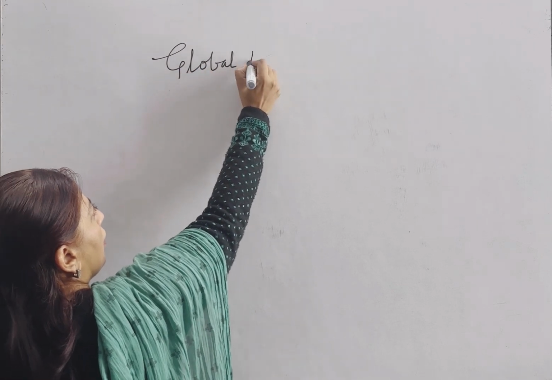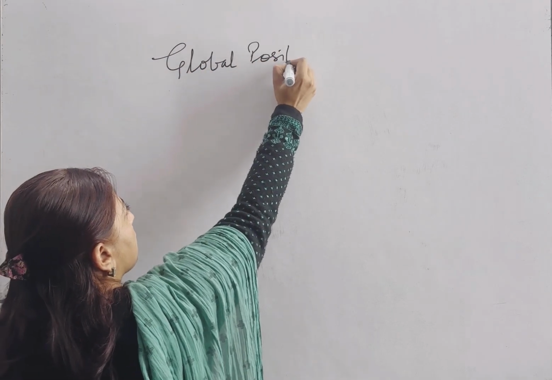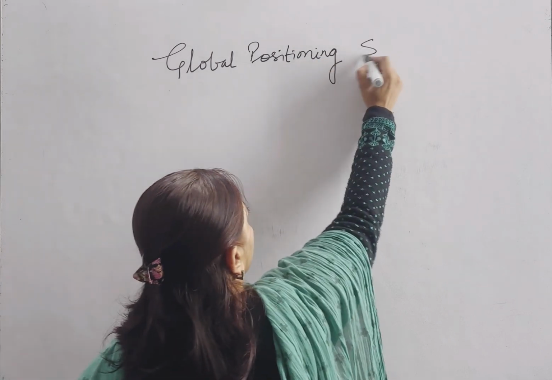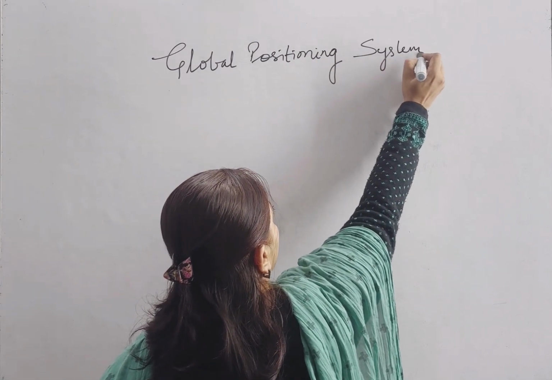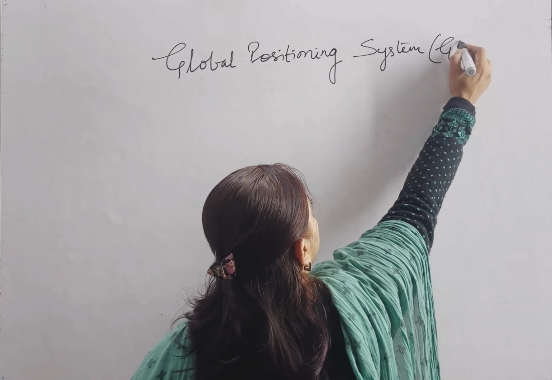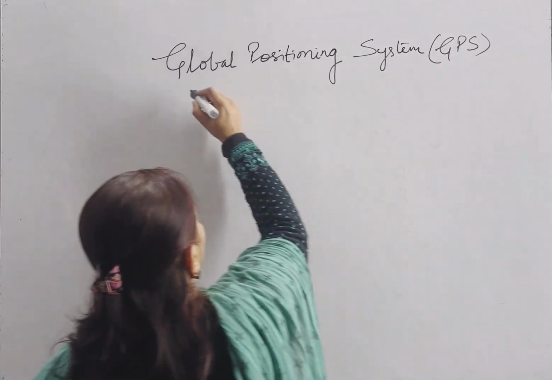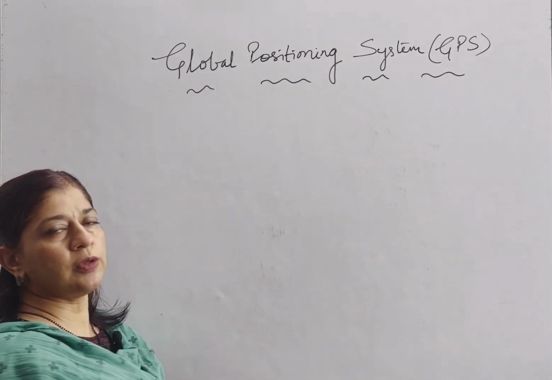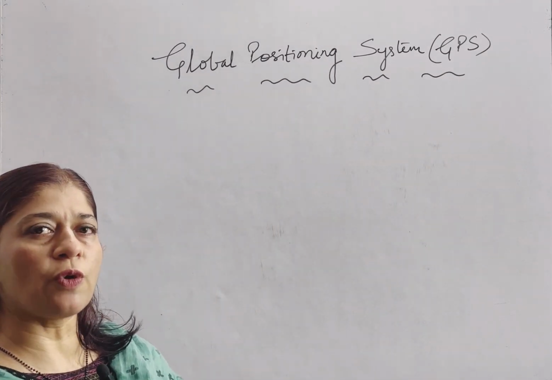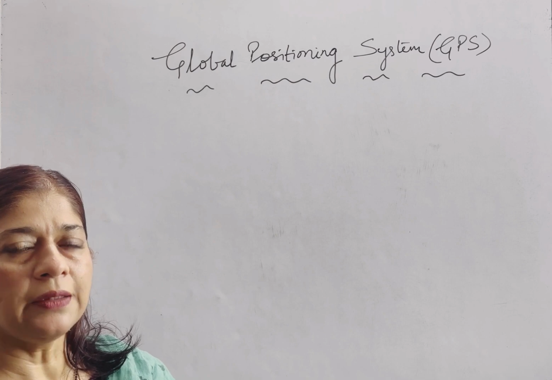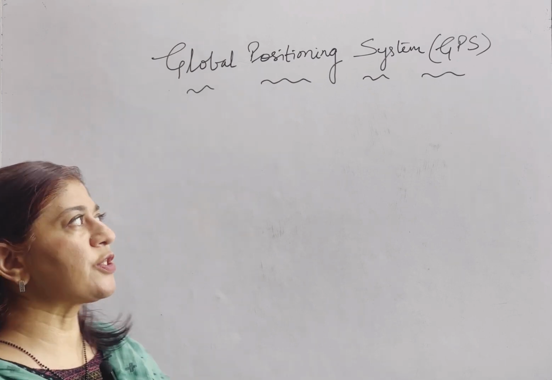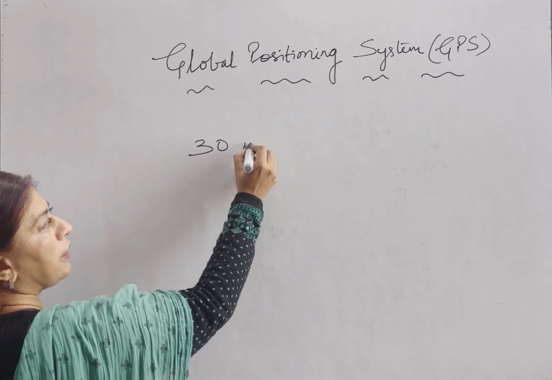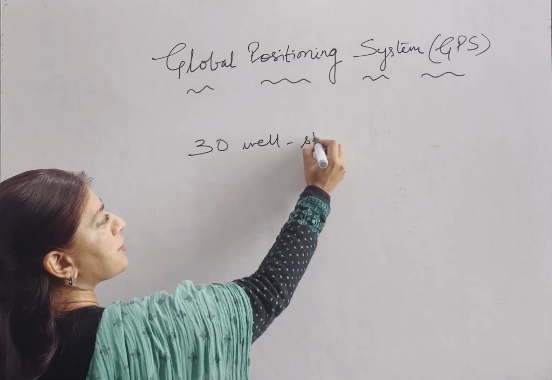global positioning system, the short form is GPS. What we are basically doing, we are finding out the position of a receiver, and this receiver position can be found out with the help of around 30 well spaced satellites.